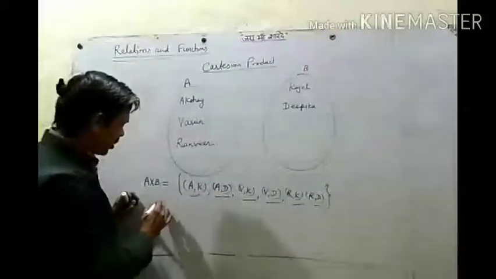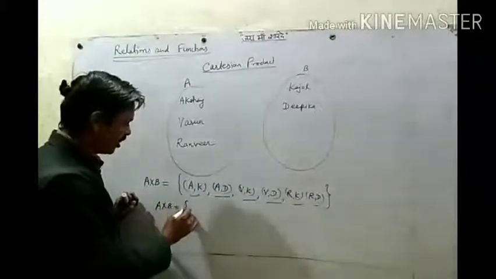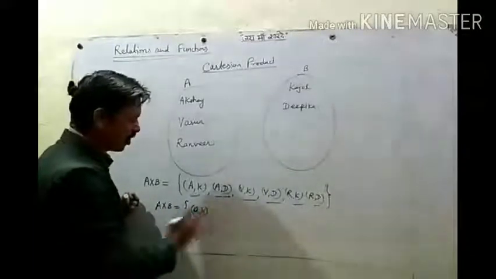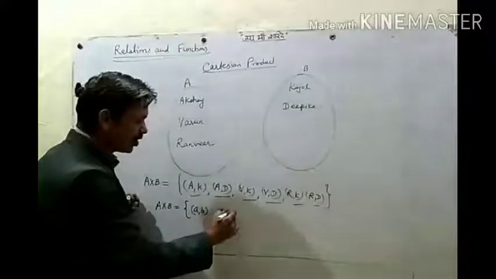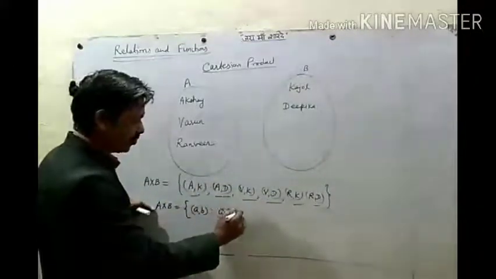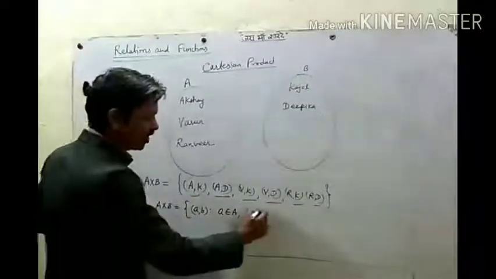We define the Cartesian product of two sets A and B as the set of all ordered pairs (a, b), where the first element a is in the first set A and the second element b is in the second set B.